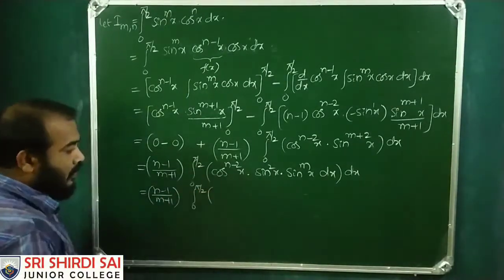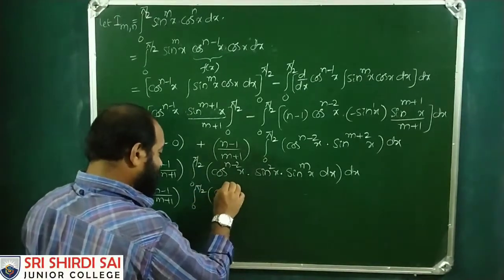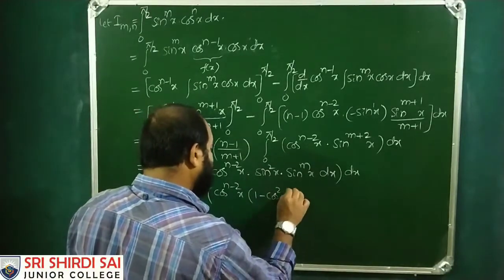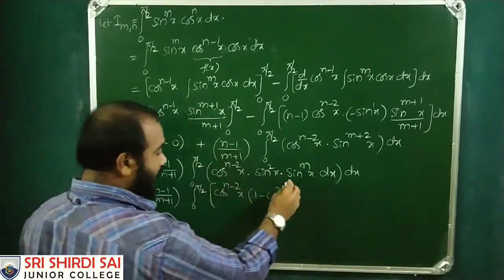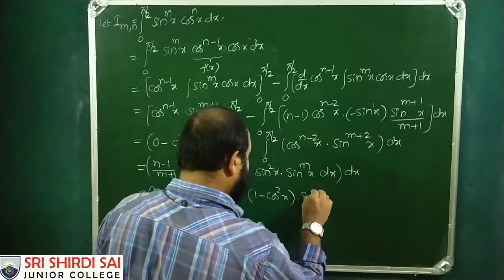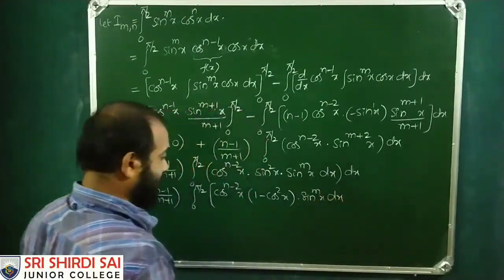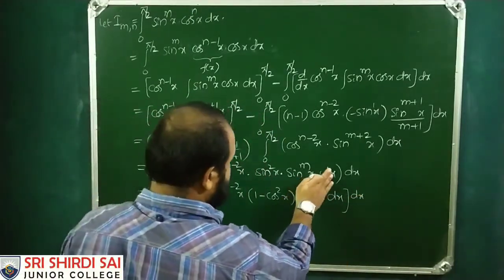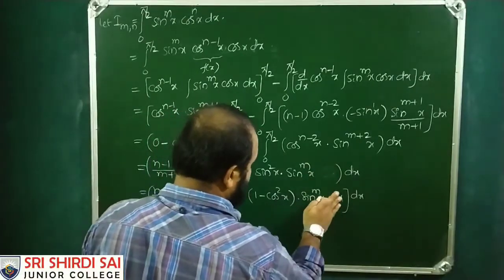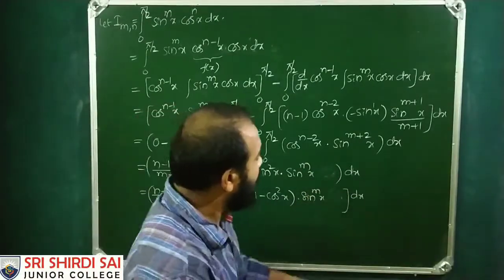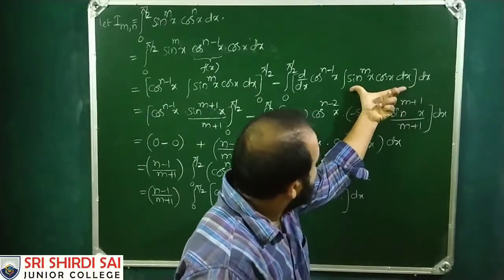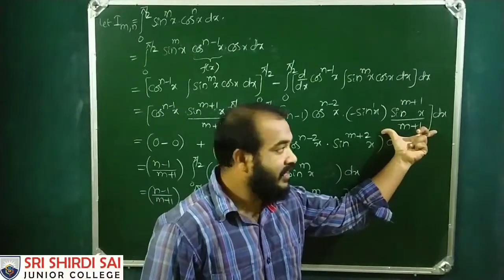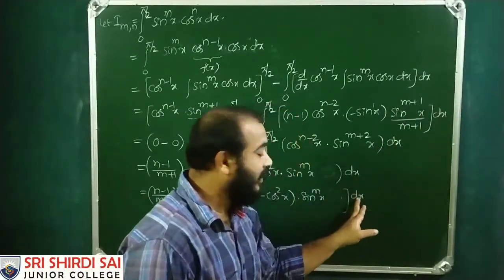See this, cos power n minus 2 x, sin square x is 1 minus cos square x, into sin power m x dx. This dx is getting followed, as the integration we have already written here.